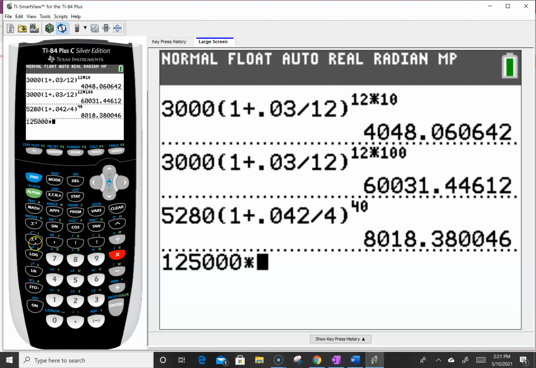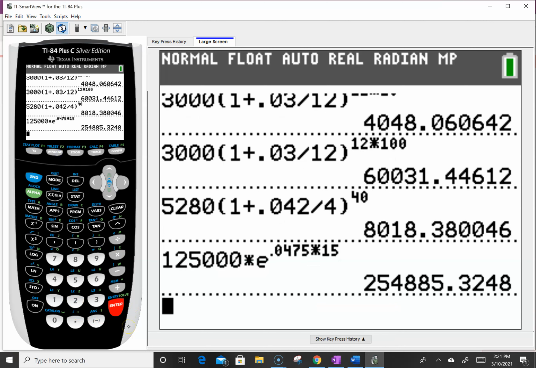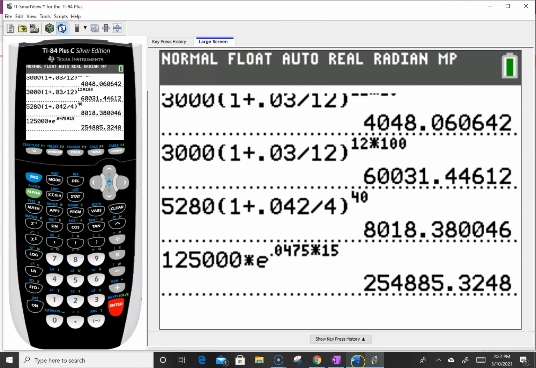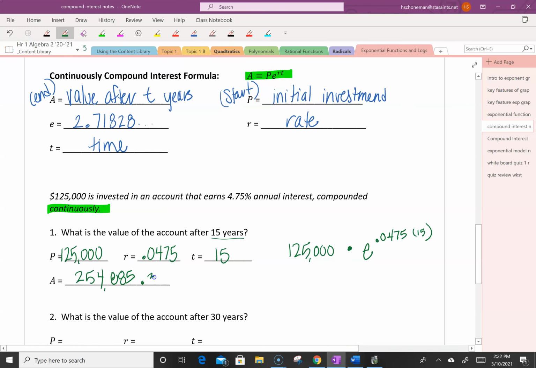Right now we just want E, so we're going to hit second, and then natural log, and then in here we have 0.0475 times, and the number of years, which is 15, and we're going to hit enter. And that is how much money we make in this account. Now, yes, it's a lot of money, but we started with a lot. Again, remember we're rounding to the nearest hundredth because it's money.